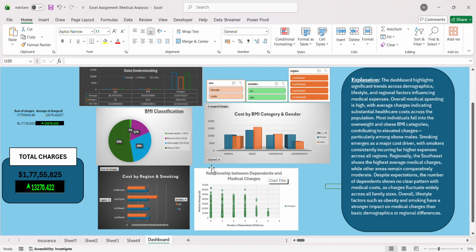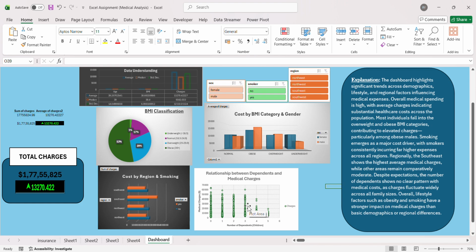Most individuals fall in the overweight and obese categories, contributing to elevated charges, particularly among obese males. Smoking emerged as a major driver, with smokers consistently incurring far higher expenses across all regions. Regionally, the Southeast shows the highest average medical charges, while the other areas remain comparatively moderate.